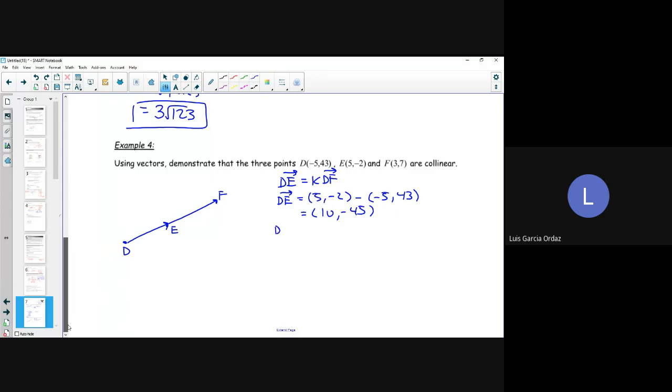So I want you guys to help me out and try to tell me what vector DF is going to be by taking vector OF and subtracting it from vector OD. So who can tell me what vector DF is going to give me? So again, we're proving this.